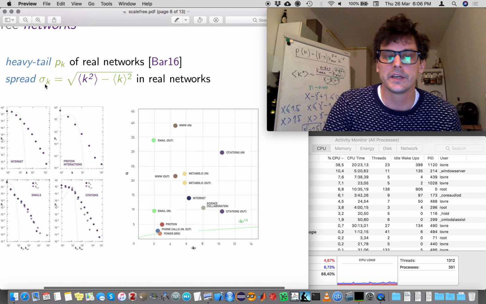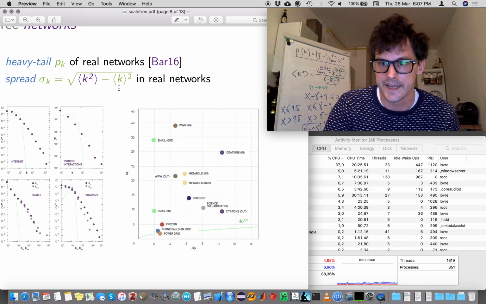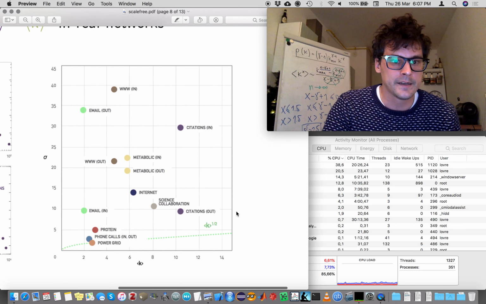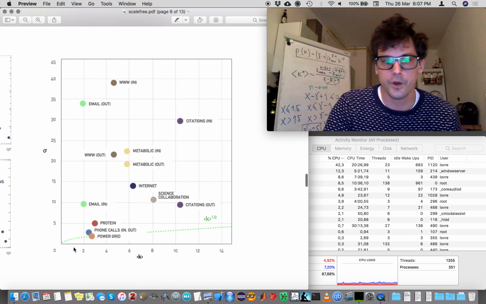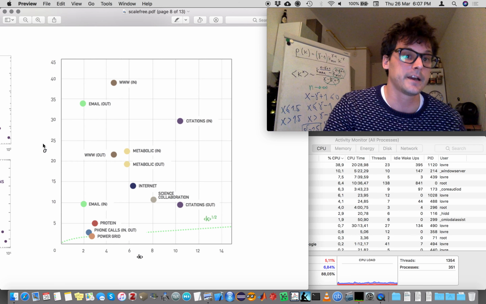So we are plotting their standard deviation, which is basically just the square root of the second moment. On the horizontal axis we have the average degree, and on the vertical axis we have the standard deviation.